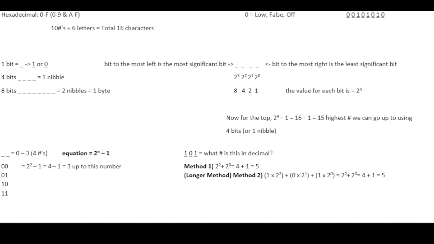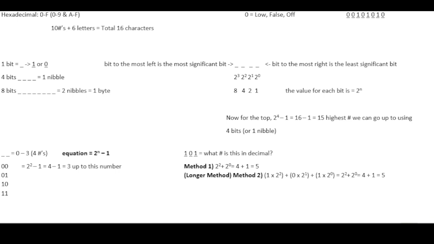The minus 1 is not in the power. So the n represents how many bits are there in your problem, in your equation. So here it would be 2 to the power of 2 because we have 2 bits, minus 1. 2 to the power of 2 is 4. 4 minus 1 is 3. So these 2 bits could go up to the number 3.